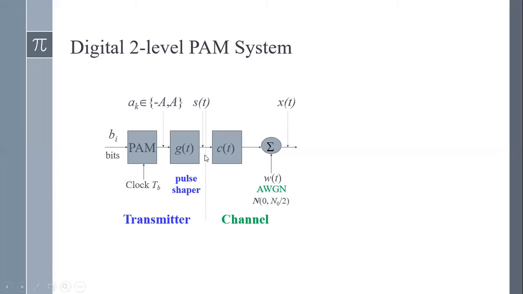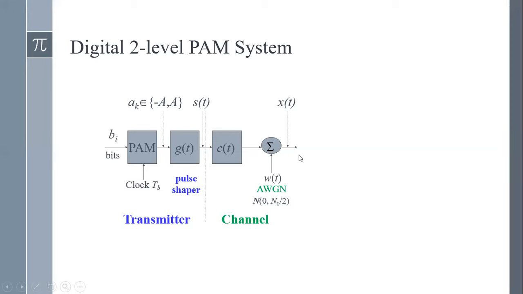Fine. So what am I doing in the transmitter part? I am sending bits. The bits are converted into certain voltage levels. Those voltage levels are then pulse shaped. So this is the signal S of t, which is now sent through the channel, and in the channel noise is added.